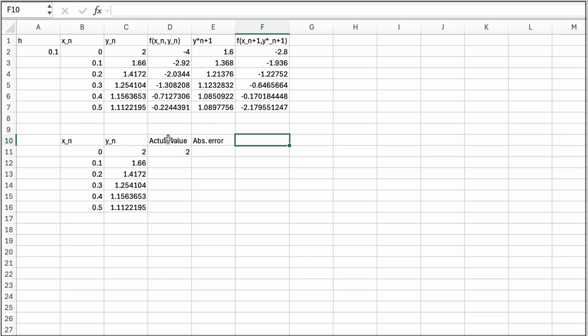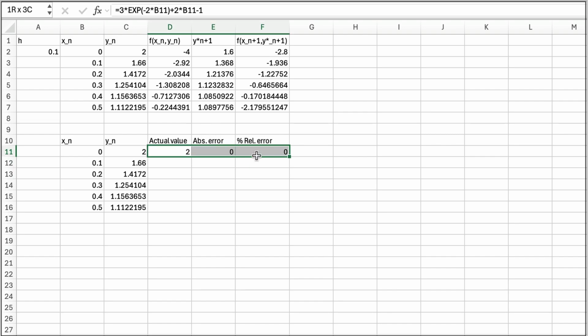In addition to the actual value, I want the absolute error, and that's equal to the absolute value of our actual value minus the estimate there, the approximate value. It doesn't matter which order we subtract because we used the absolute value.